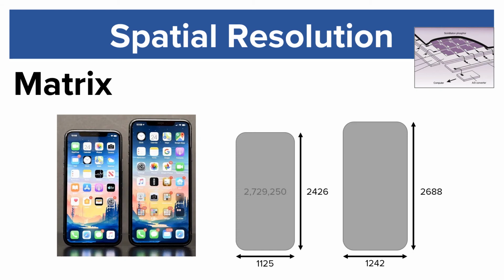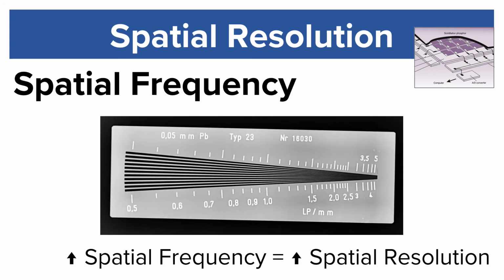The left iPhone has 2,729,250 individual pixels, and the right iPhone has 3,338,496 individual pixels. So, an increase in spatial frequency, or an increase in line pairs per millimeter, increases spatial resolution. Or, as spatial frequency increases, we are able to resolve smaller and smaller objects.